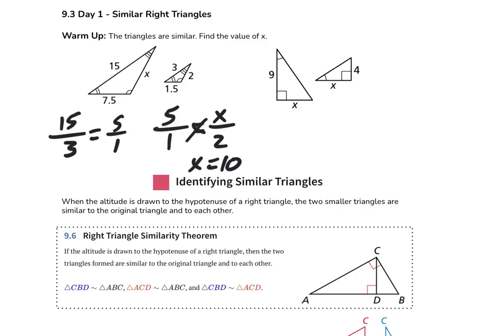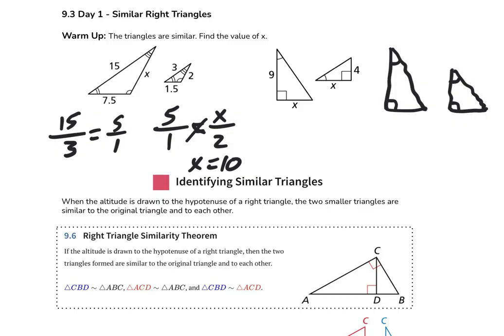Okay, this is the one that's really tricky. This is a little bit trickier than the other. And what you have to pay attention to here is the markings, kind of like what we talked about a second ago. One of the big things for today, I think it would be easier or better to redraw these two triangles. Because of the marking right here, this angle is congruent on both.